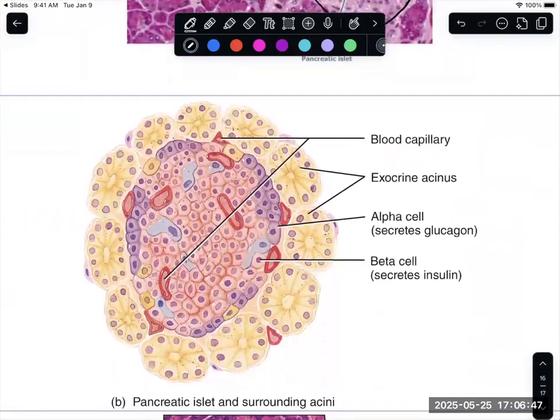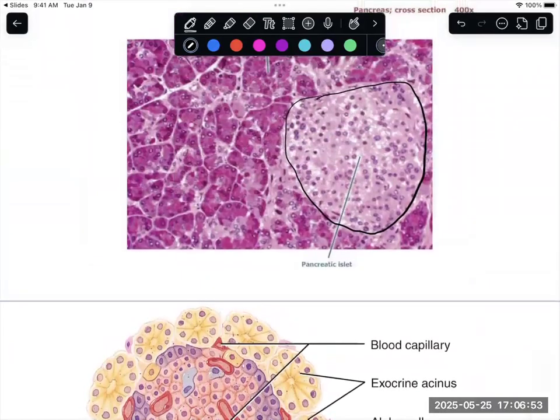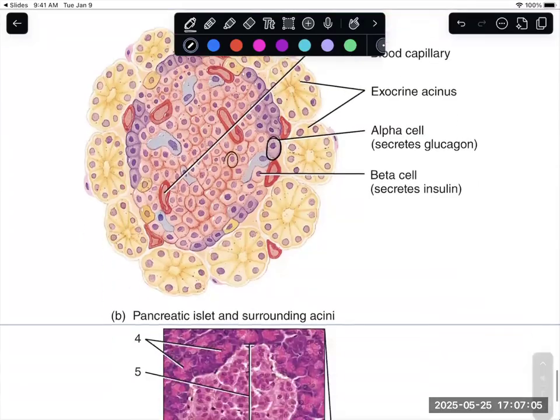This shows how those alpha and beta cells look way too similar on a histology slide to tell the differences between the two. But being able to see that there's these alpha cells in here, there's these beta cells in here, there's a lot of these different cells that are secreting out all these different hormones.